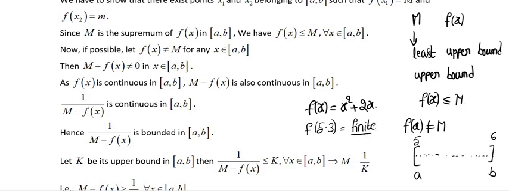But this value is not equal to capital M. This is our assumption. So we are considering the value of f at x not equal to M. So take this M to LHS side, then we are going to get M minus f of x not equal to 0.